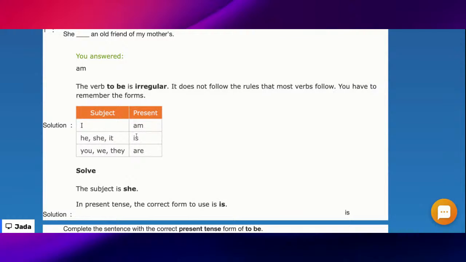He is dancing, she is baking, it is running. We also have you, we, they, and the present for you, we, they is are. So you use I with am, he, she, it with is, and you, we, they with are.